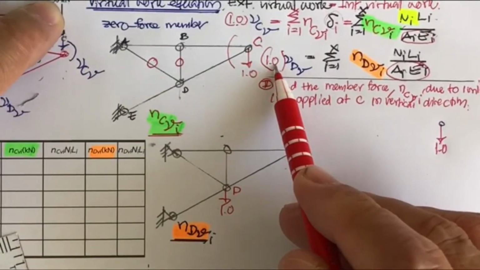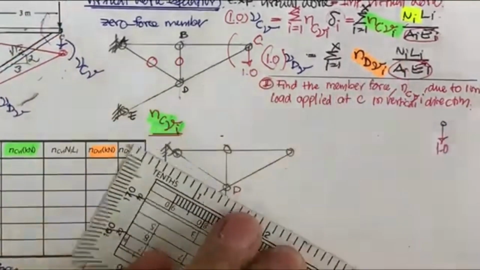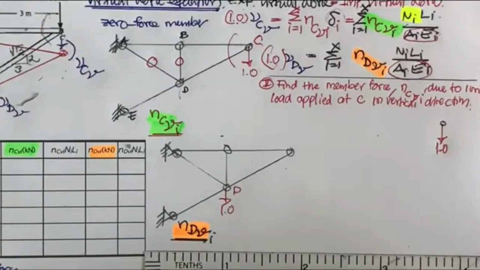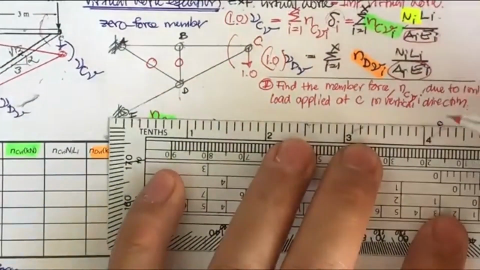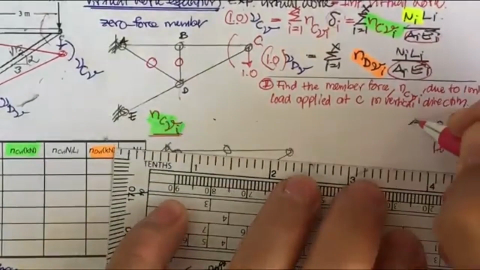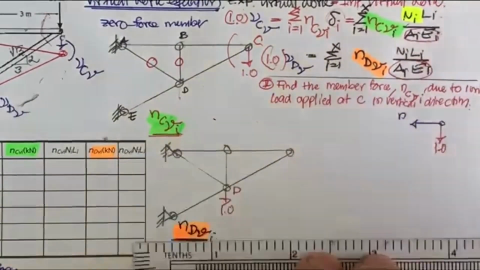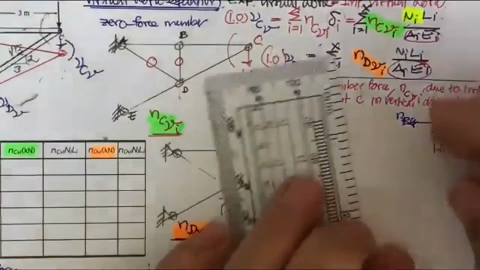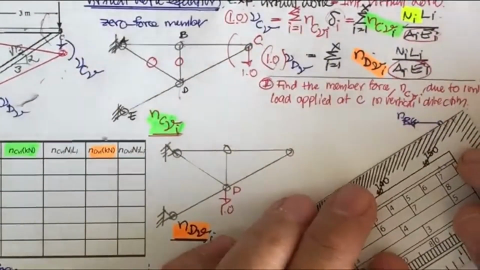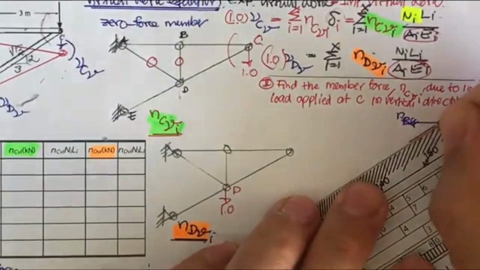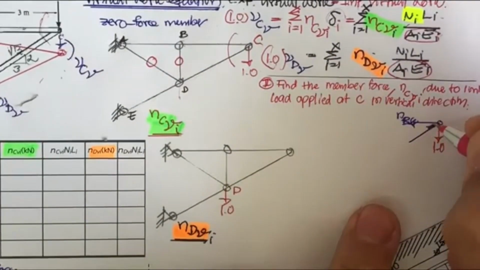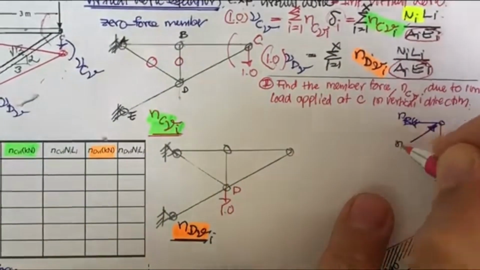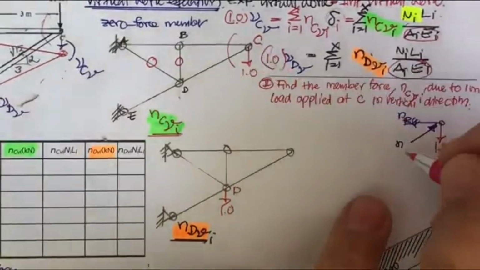Okay, if you notice this, you may find that the free body diagram of this one is going to be N sub BC, and this one is going to be N sub CD.